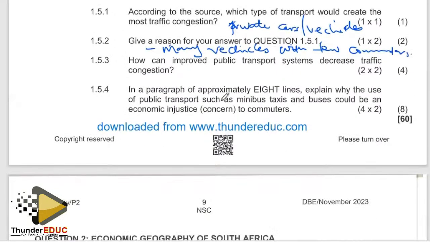Okay. How can they improve the public transport system to decrease traffic congestion? If they improve the public transport, how can it reduce the traffic congestion? That simply means that many people will resort to the use of public transport.